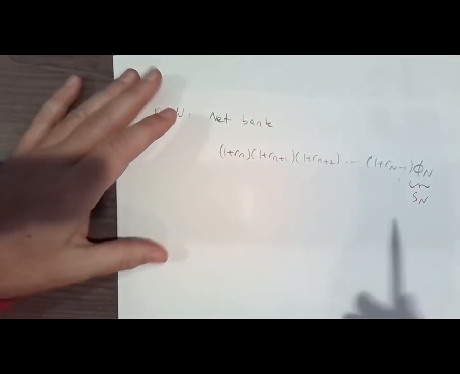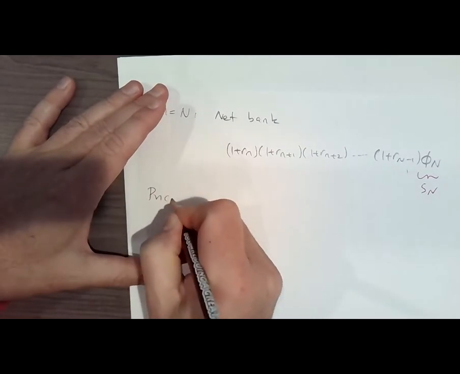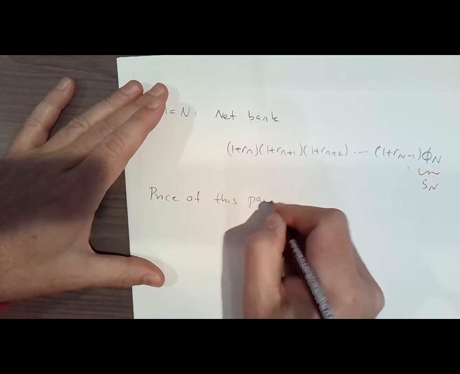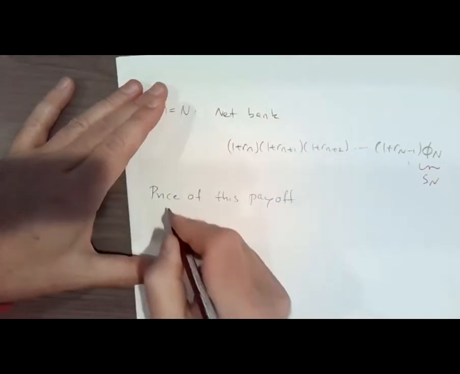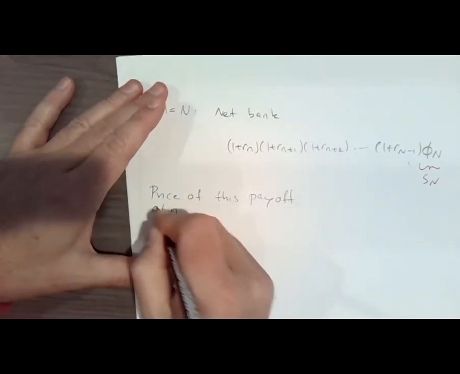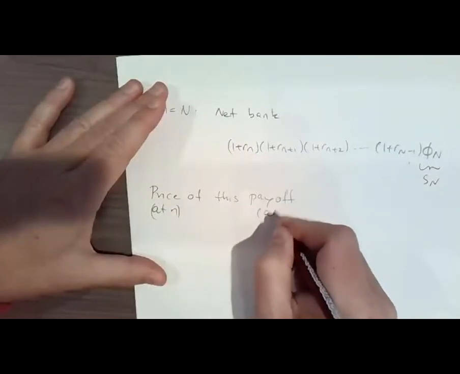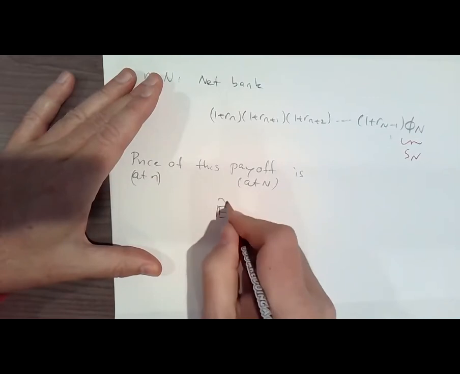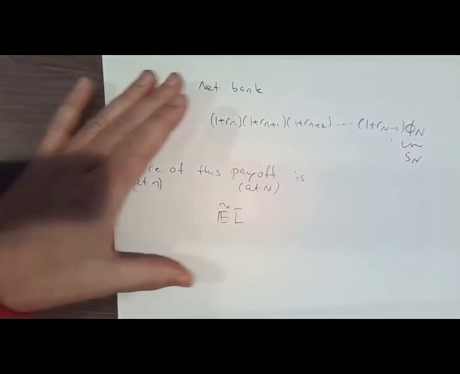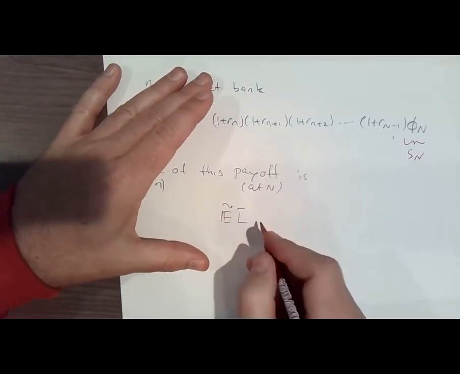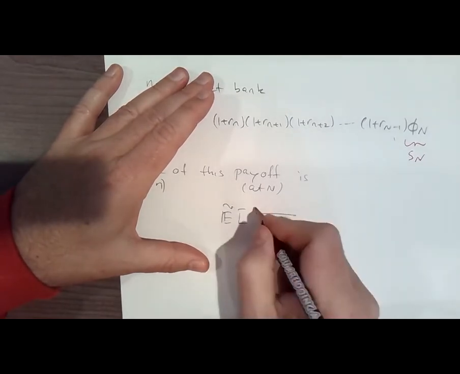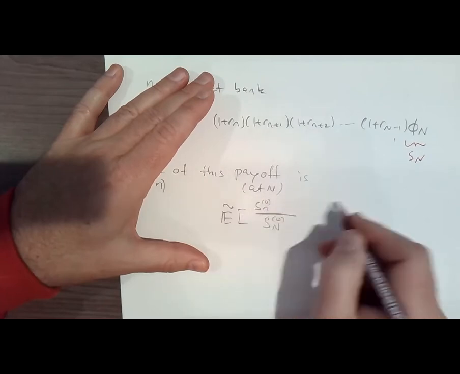So now we know the price, at time little n, of this payoff which is coming at capital N. This is the conditional expectation, and then you discount it back to time little n using the money market account times the payoff.